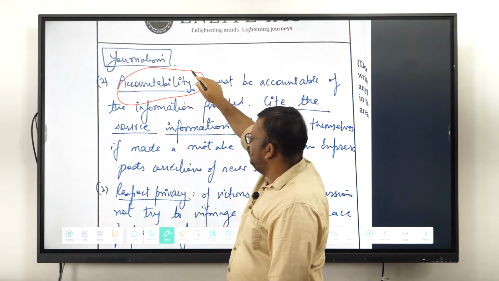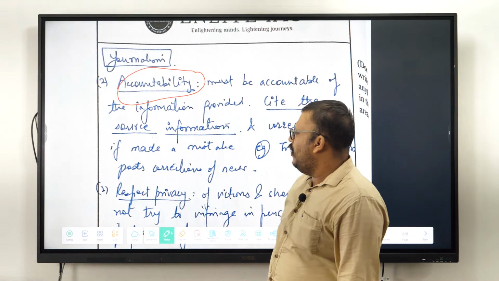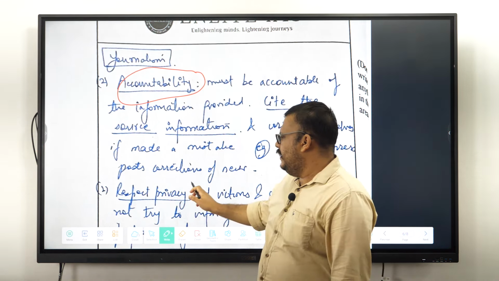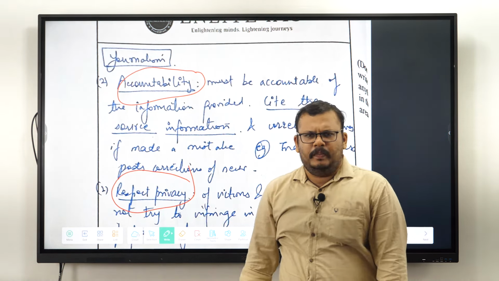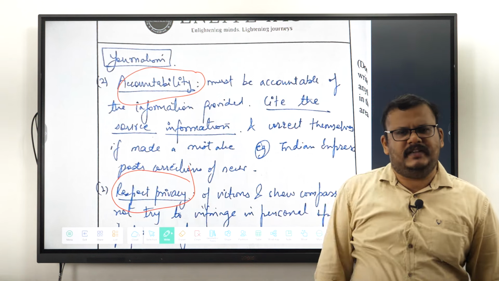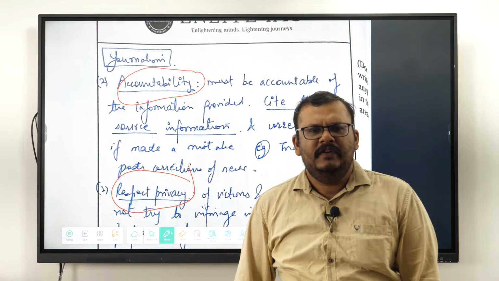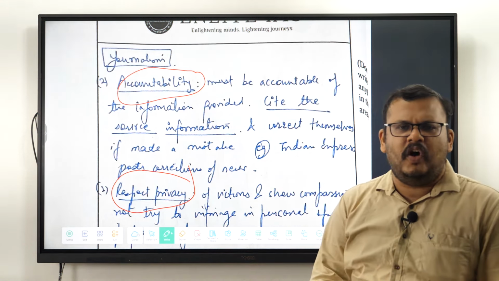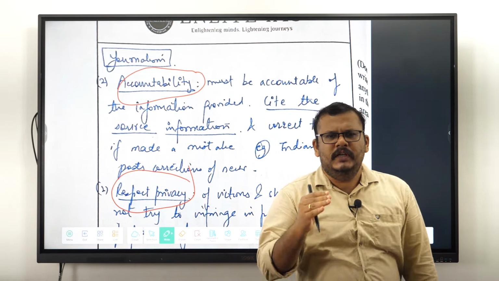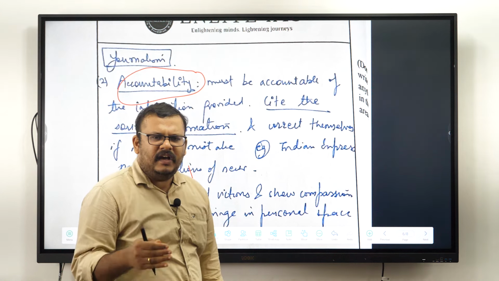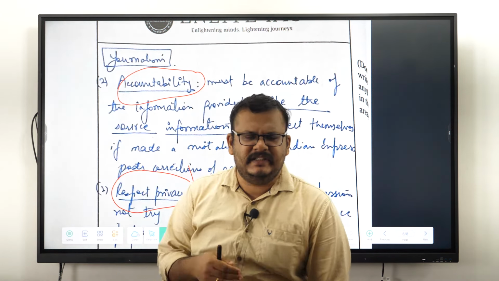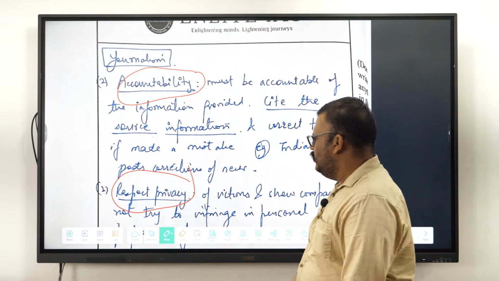So media persons will be able to bring accountability within the organization, and also privacy. Privacy is a major factor in this era where media is not giving respect to the privacy of individuals. So this is another area where media can bring changes within the society.